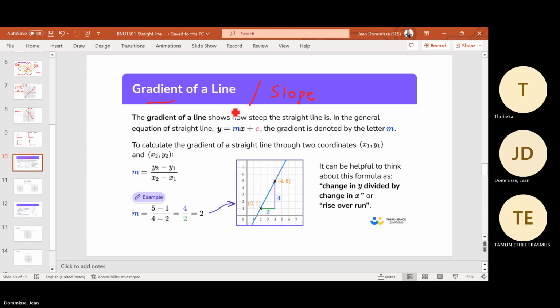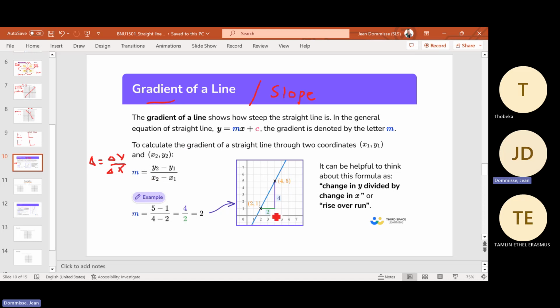Okay, so if I give you 2 points, the way we calculate the slope is by saying the difference, and the step before this one could have been the difference in y divided by the difference in x.